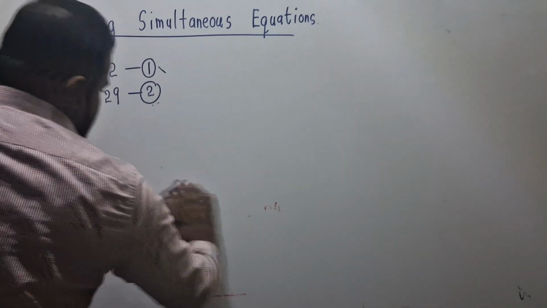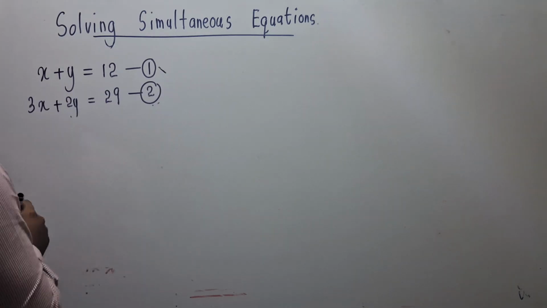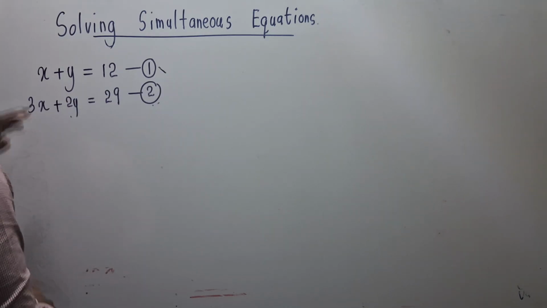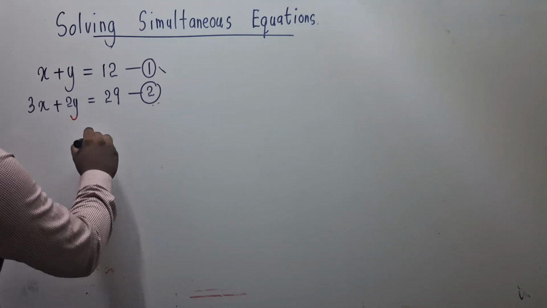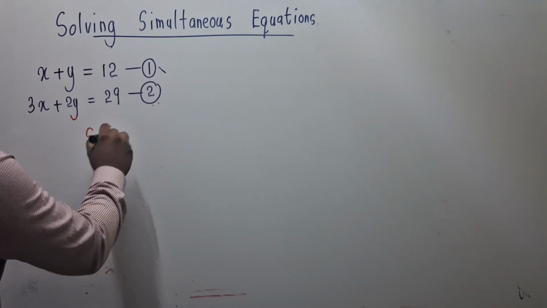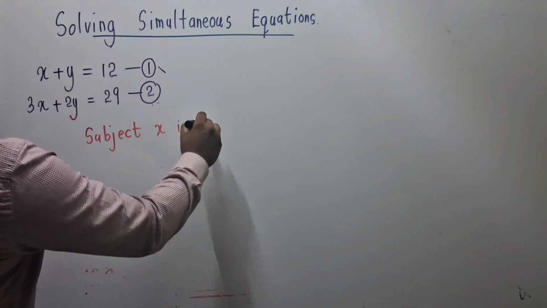Here we have two equations, and we are going to use the subject and substitution method. To use the substitution method, what I do first is make x the subject in equation number 1.